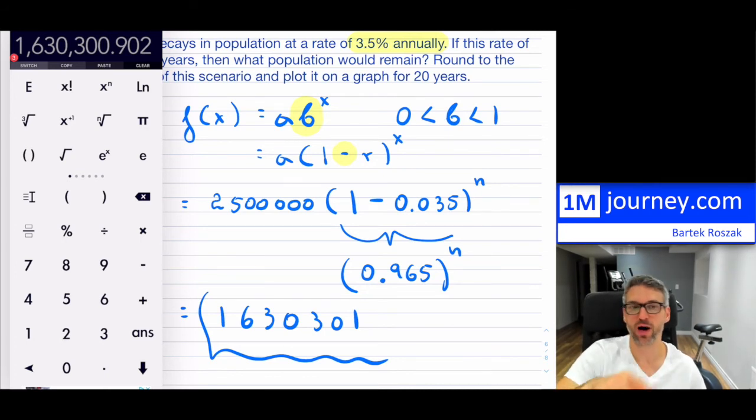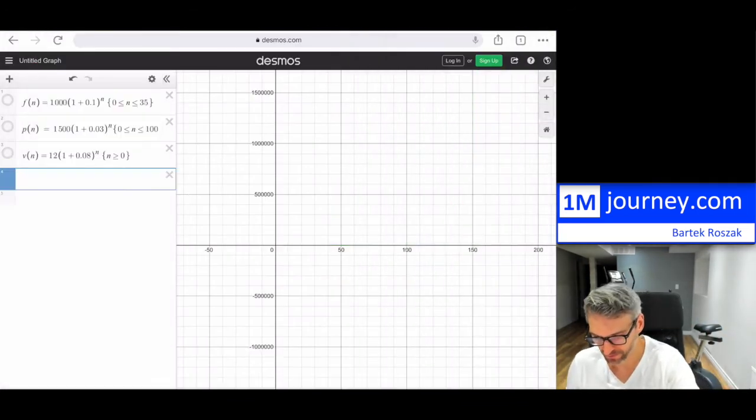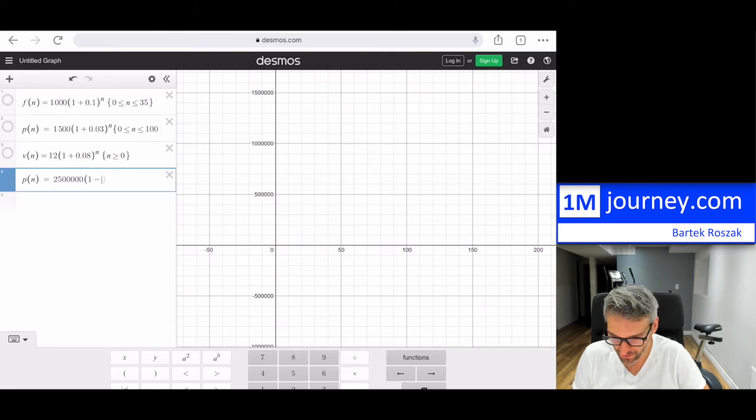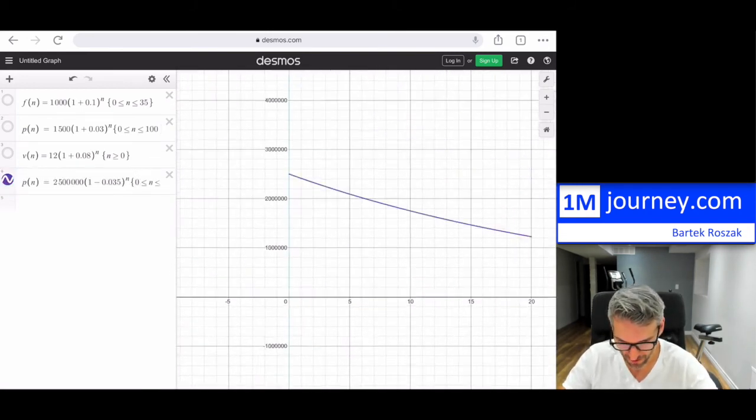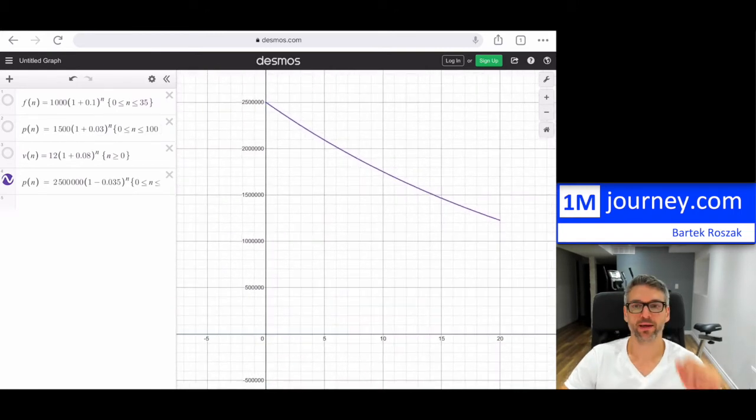Now it says to plot it for 20 years. So let's see it when we're plotting this. All right, so here you go. I put the function in there.